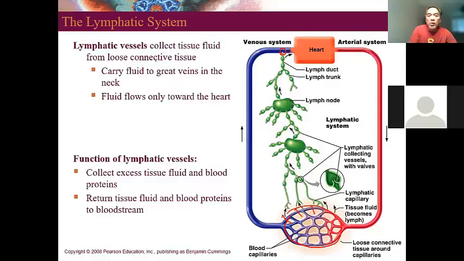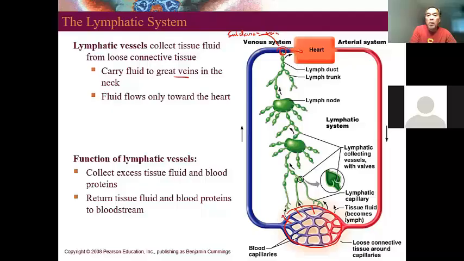So lymphatic vessels collect the tissue fluid from the loose connective tissue, okay? And they carry the fluid back to the great veins in the neck, mainly the subclavian vein. So they usually drain into the subclavian vein. Okay, and the fluid after it's drained to the subclavian vein will then go into the heart.